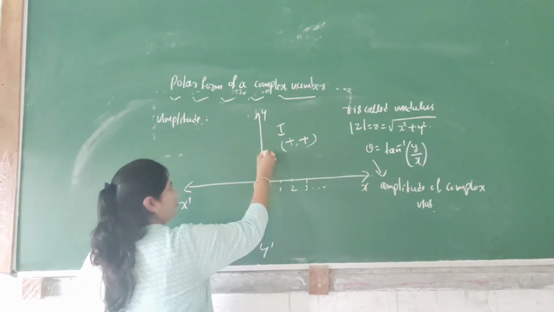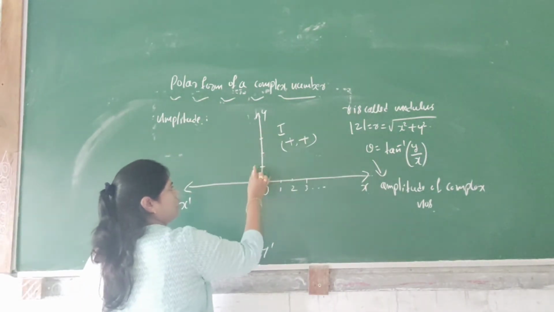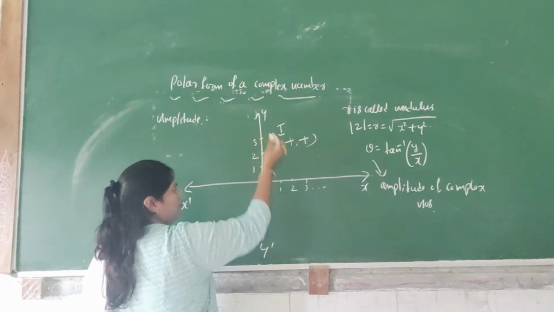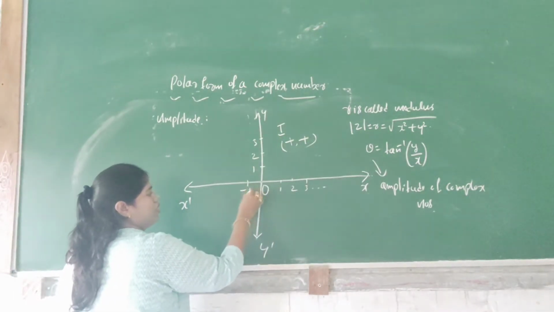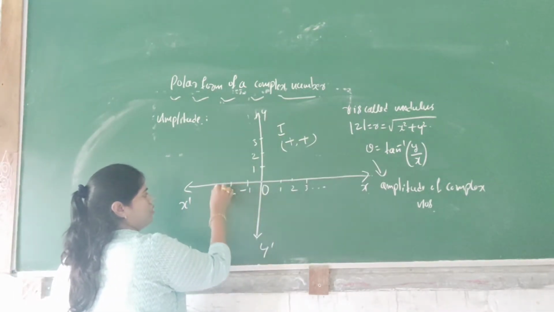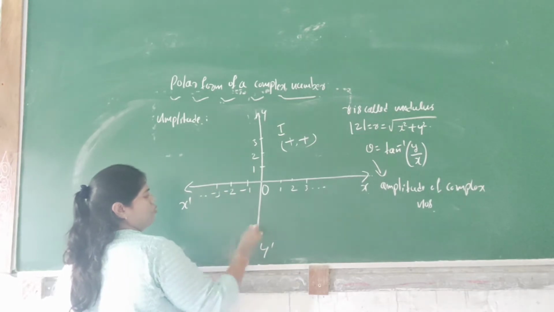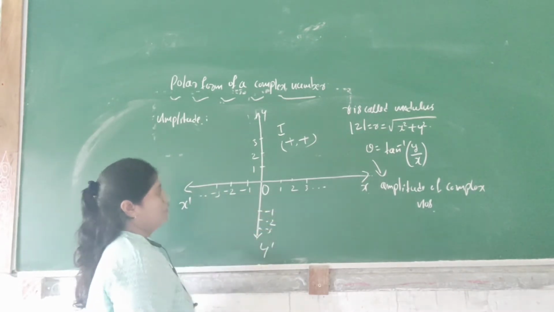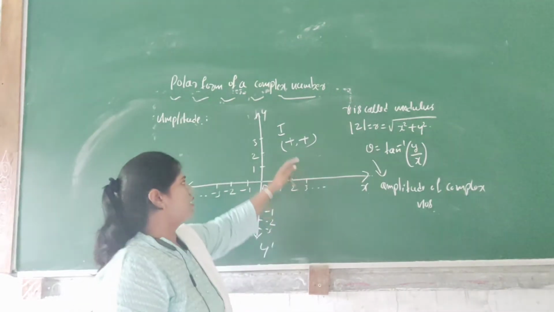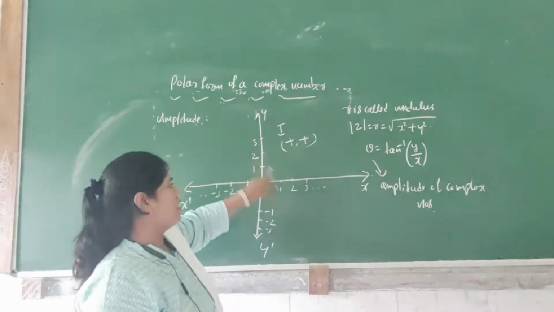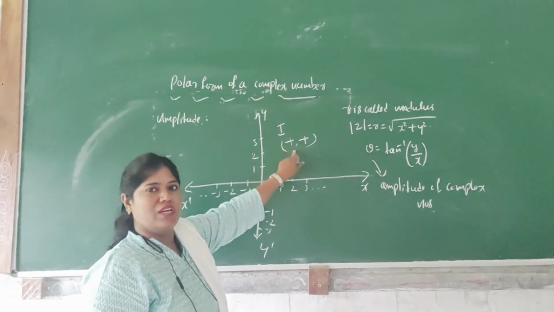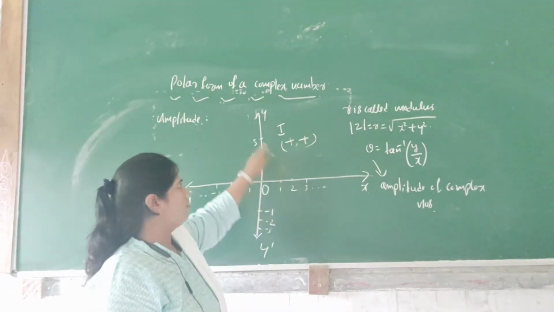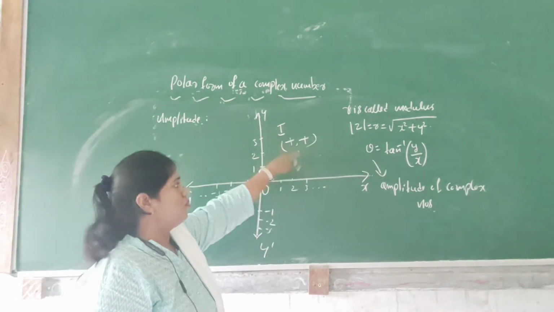Here also, positive values in the y-axis: 1, 2, 3. And here -1, -2, -3, up to infinity. That is x-axis values. So it will be like this. That is why x-axis and y-axis are both positive here.